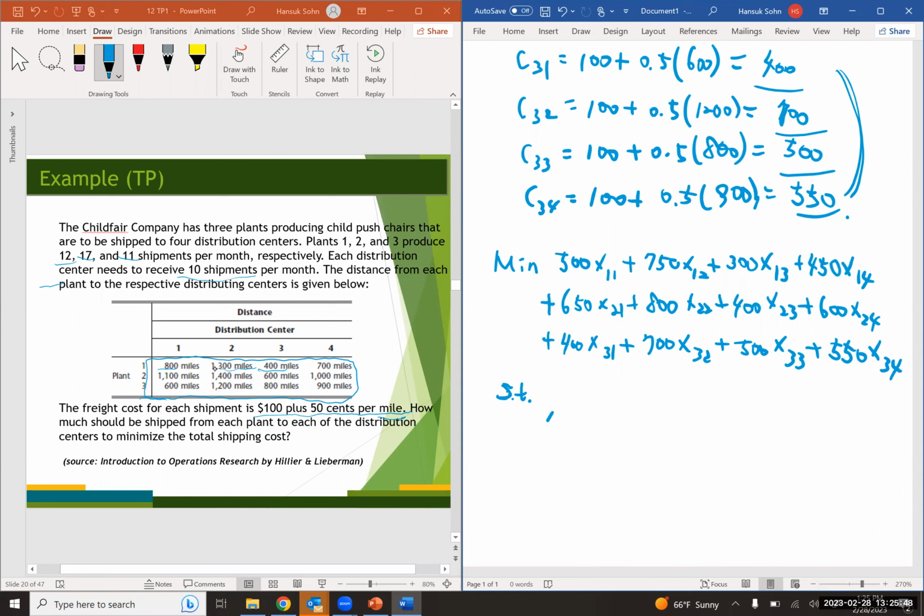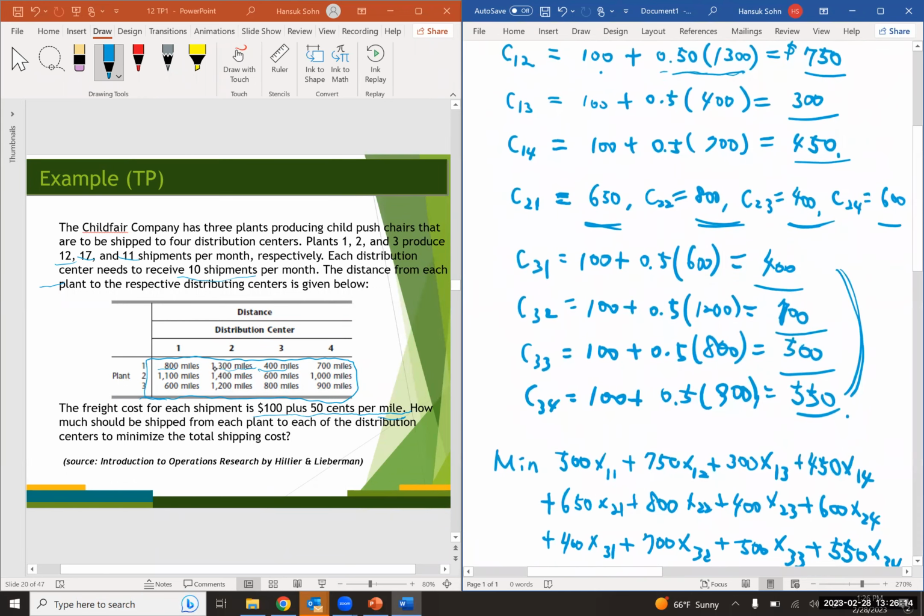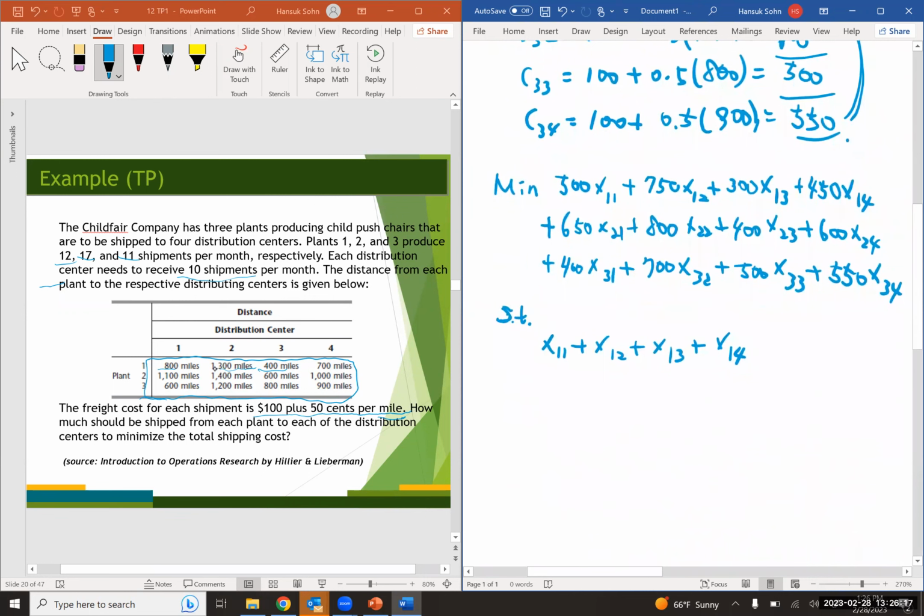It's going to be x11, x12, x13, x14, right? Has to be less than or equal to the capacity of plant number 1, right? Which is 12. It's got to be less than or equal to 12 shipments, right?